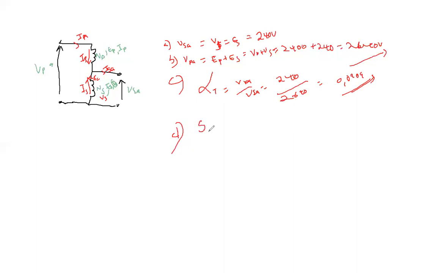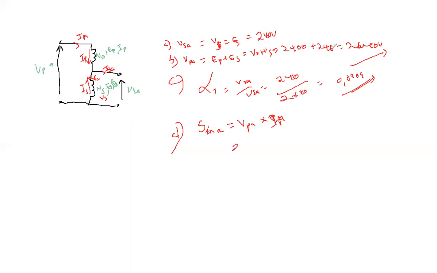Then D, we want to calculate the rating, and remember, we need to calculate the current first. So again, choose to calculate the current. How do I calculate the current? PIN of the autotransformer is equal to VPA times IPA. What is VPA?